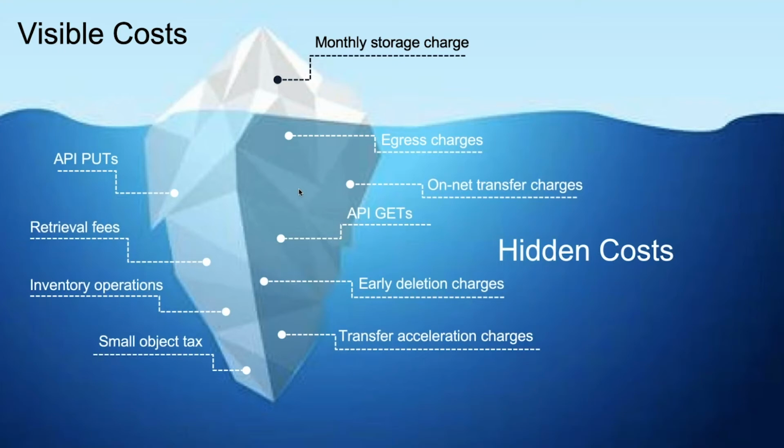Your retrieval fees and your API GET requests are nothing really compared to the egress charges that you face. You pay a charge of between 2 cents and 9 cents per gigabyte to get your data back. So if you have a lot of data to move, let's say over 100 terabytes or even petabytes, it's probably in your best interest to pay for a full direct connection to AWS or to Azure, usually a couple hundred dollars per month for a 1 gigabit per second pipe.